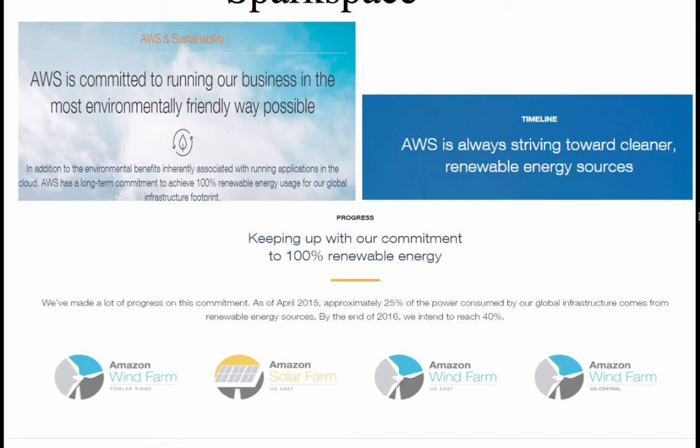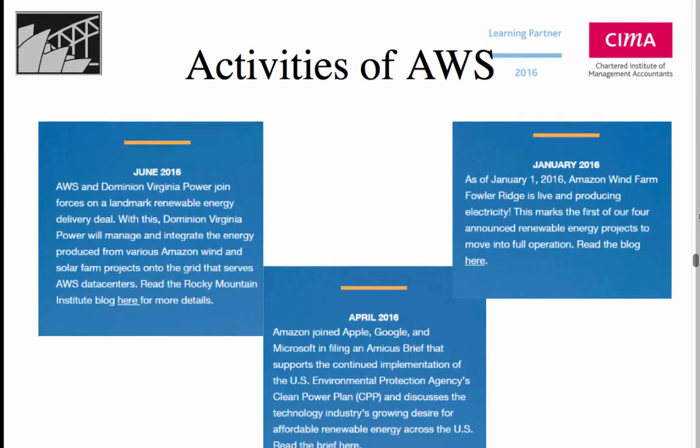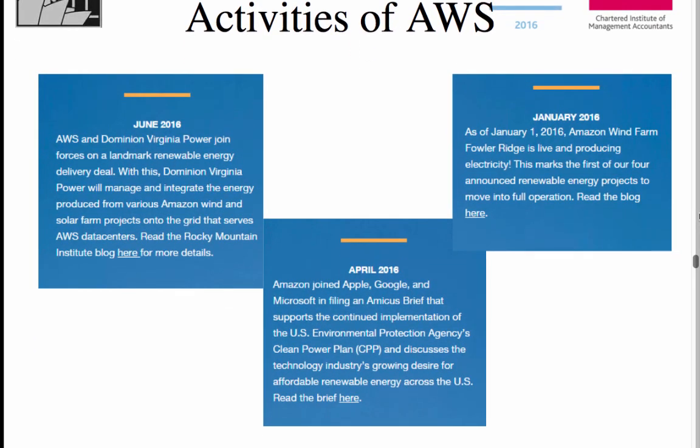So from an operational point of view, you can track your energy consumption in the finance KPI, but from an innovation angle, I'm tracking what are the new things I have done to reduce the energy consumption, right? Now, these are some of the activities of Amazon Web Services, right?